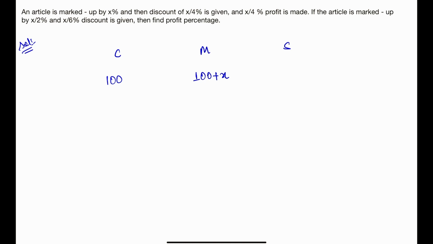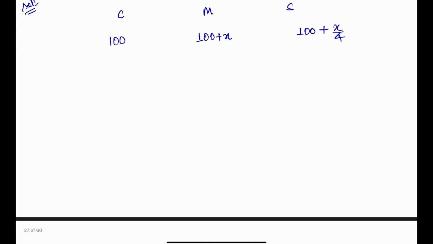And it is said that x by 4 is the profit percentage made, so my selling price will be 100 plus x by 4. And it is also said that the discount is x by 4.